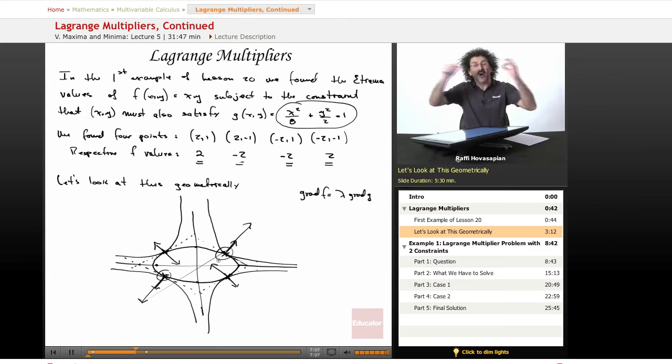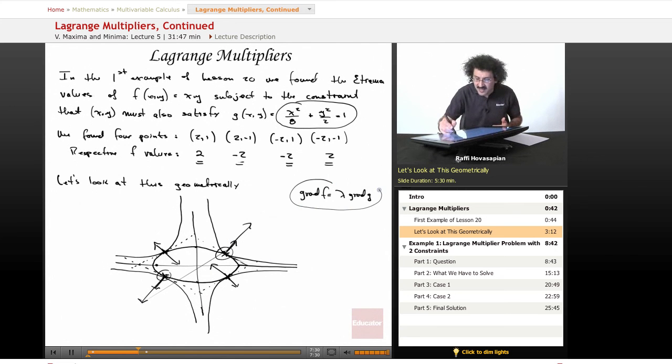And they're on the same line because the tangent line to the curves at the point that satisfies the max and min is the same for both curves. So the gradient vectors are multiples of each other. That's what this says.